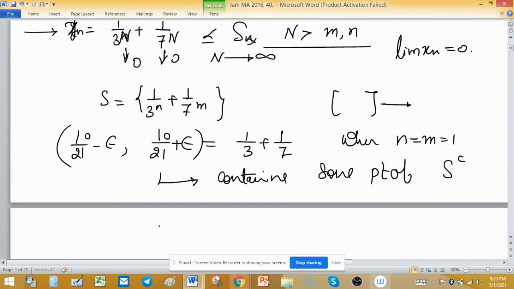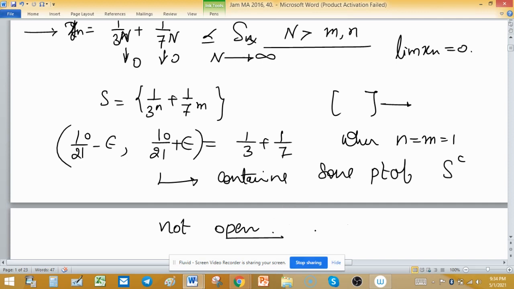So this is not open, because the definition of an open set is that every neighborhood of a point of the set is always inside the set.